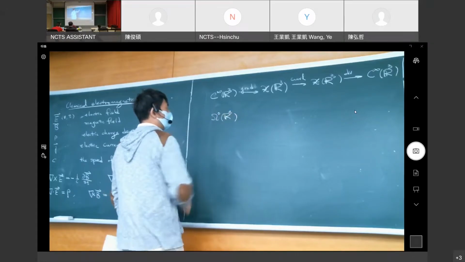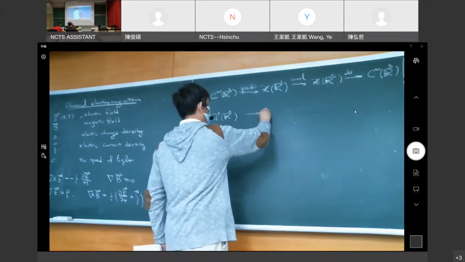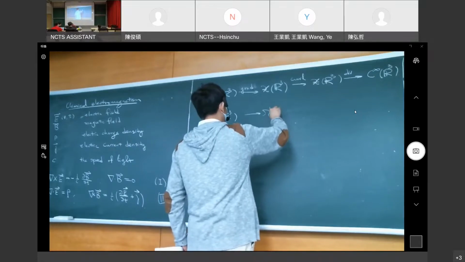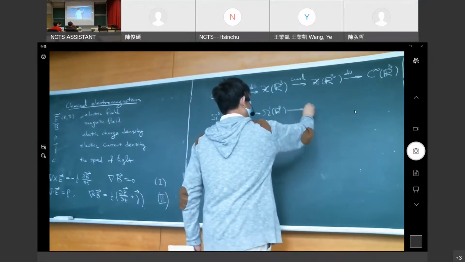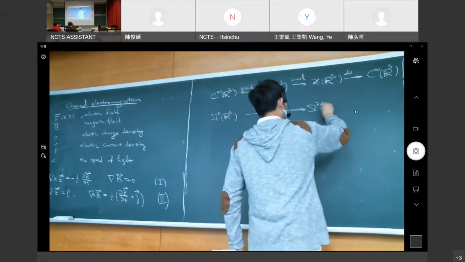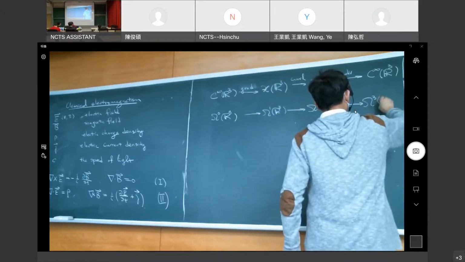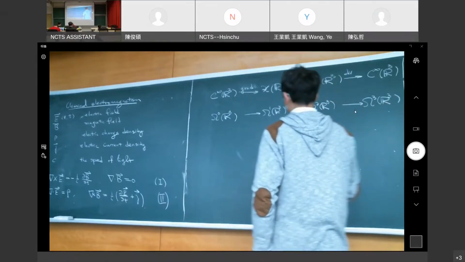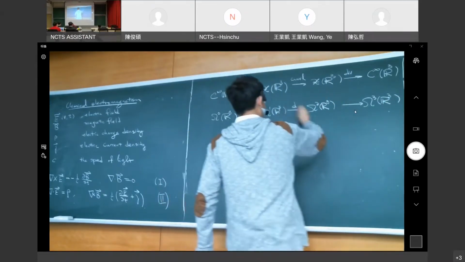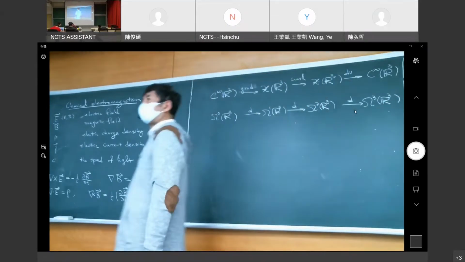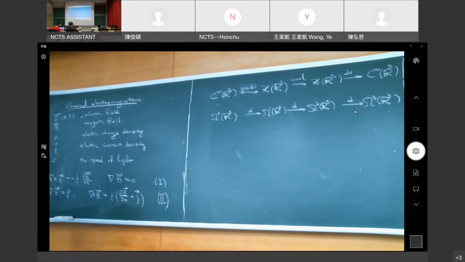So if you look at 0-forms, and then you look at 1-forms, and then you look at 2-forms, and then you look at 3-forms, there is a similar complex, except that all these operators are called the de Rham differential d.